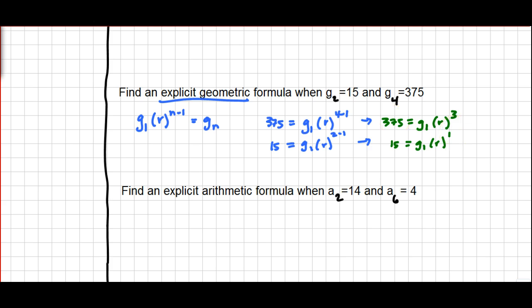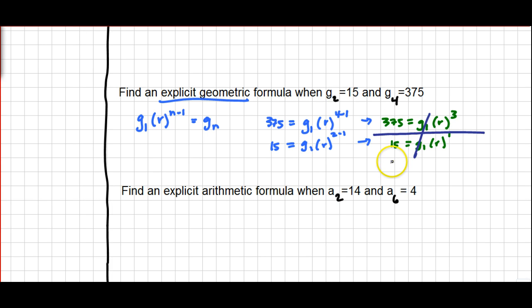Now what we're going to do, since we have a system of equations, is divide those. The reason for that is G sub 1 divided by itself is going to cancel out. We need one of the variables to cancel, because right now we have 2. You can't solve for 2 variables in an equation, so one of those variables has to go away. So the way that we can do that is by dividing the 2 equations into each other.